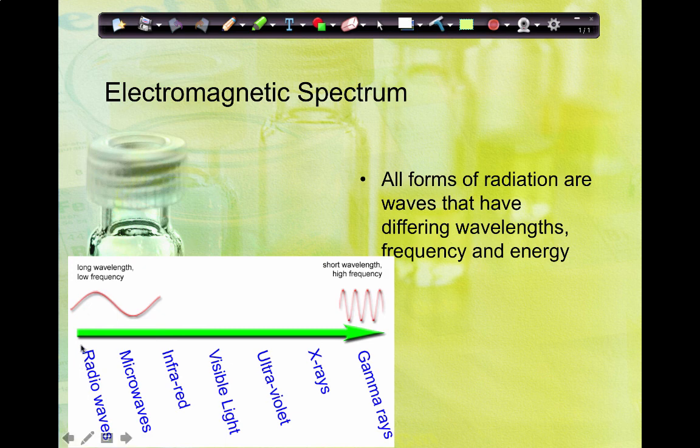Those are the longest. Then we go to microwaves, like the kind you have in a microwave. Infrared, visible light, so what you see, ultraviolet, X-rays, and then gamma. So as we go from the radio to the gamma, we will see that they get more and more energy, the wavelength gets shorter and shorter, the frequency gets higher and higher.